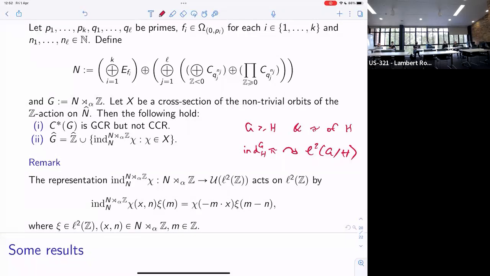And in the example we've got here with these groups, the induced representation of these characters from our normal subgroup N to the group precisely acts on L2 of Z as follows: it acts on a function psi in L2(Z) by shifting the function and then scaling by the complex number that's defined by our character psi.